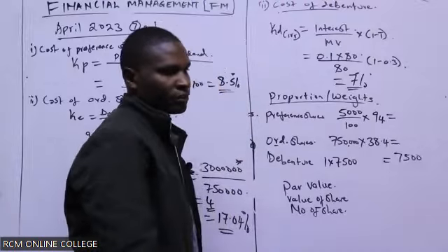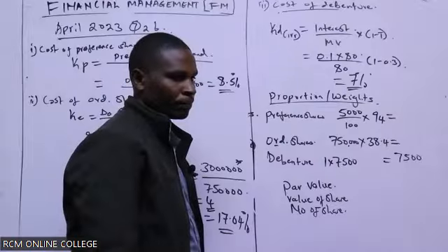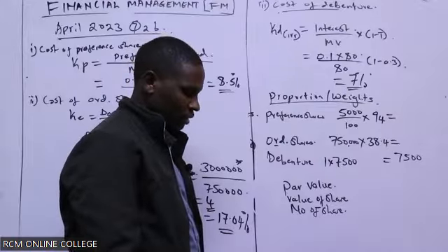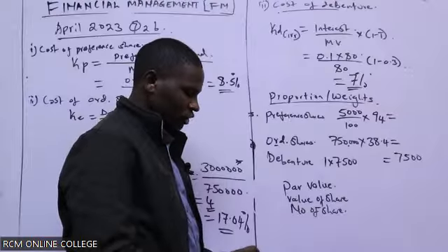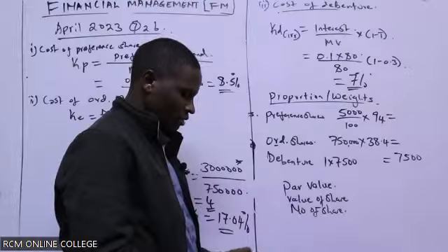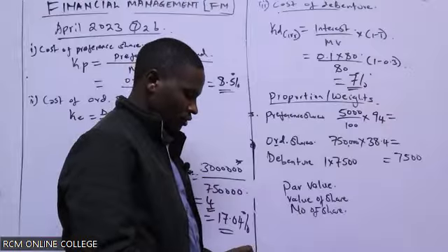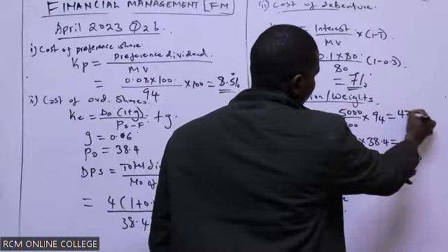Preference share tunapata ngapi hapo? Si ni 50 times 94. 50 times 94, kwani mnapata ngapi? 4700? Yes, 4700.